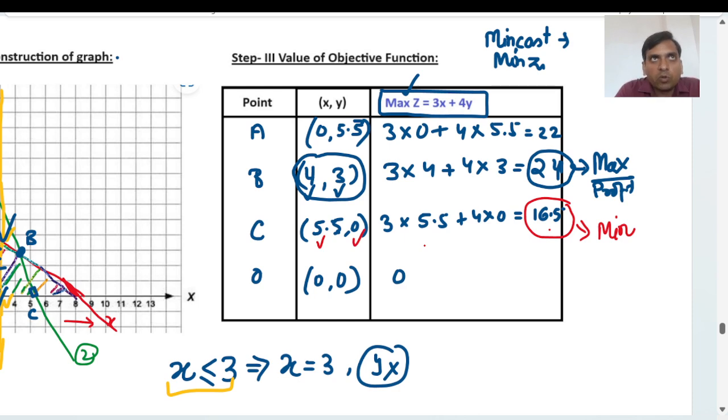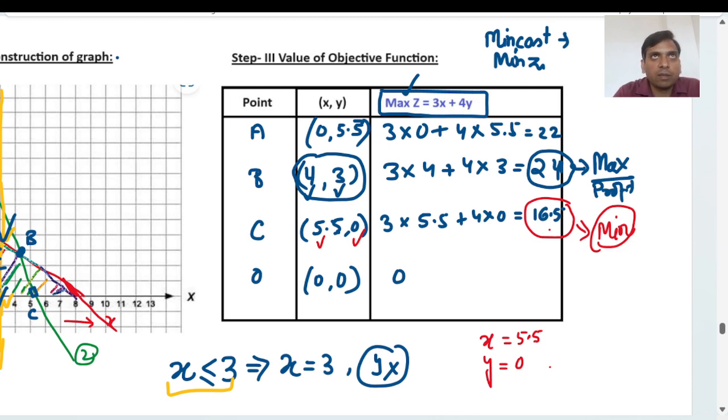Now there is one more situation. If you consider the minimum value, or sometimes in the case of maximization also, the value of x is 5.5 and the value of y is 0. This shows you are not producing product y, you are producing only product x, and this quantity is not an integer, it is in decimal form.